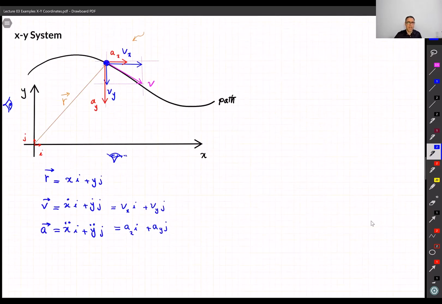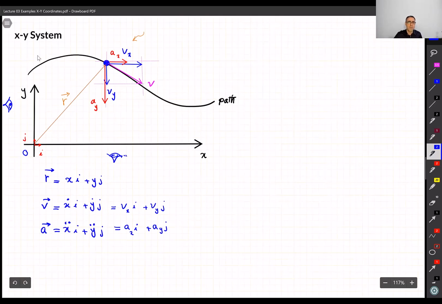So we started with the XY system. Simply, we said, if you have a curve like this as your path, then you set an origin somewhere, like this point O, and it is a fixed origin, and then you set X and Y. X and Y don't have to be horizontal and vertical.